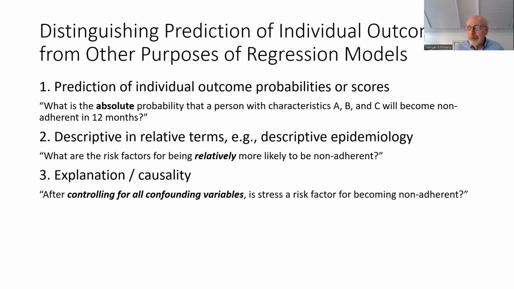This is as opposed to the much more common use of regression modeling, which I label here number 2, descriptive, meaning: what are the risk factors for having a particular event? If we're looking for risk factors, we're not necessarily trying to predict an individual person's specific risk.